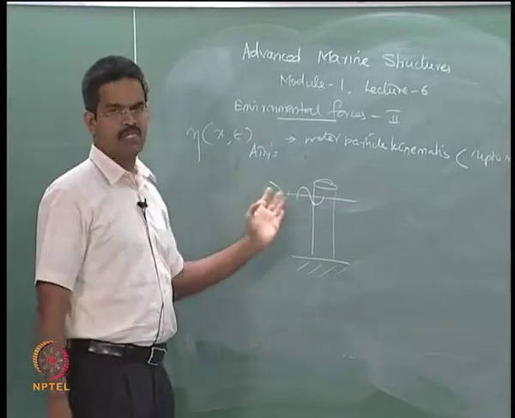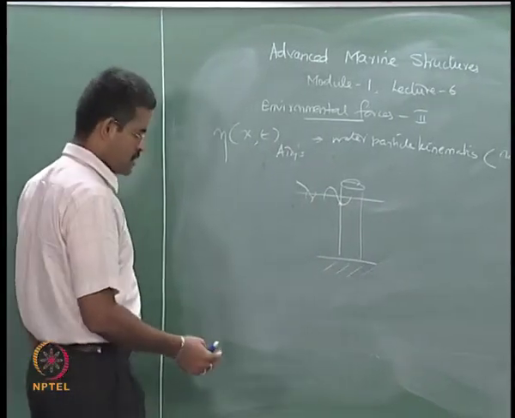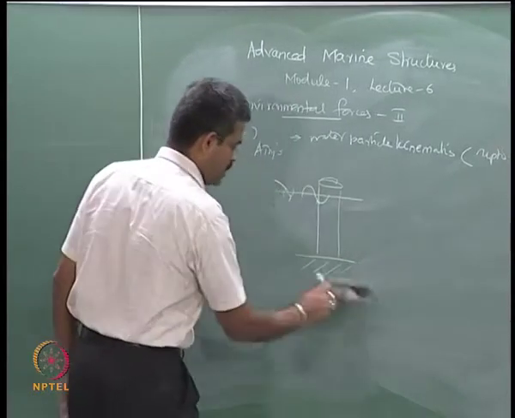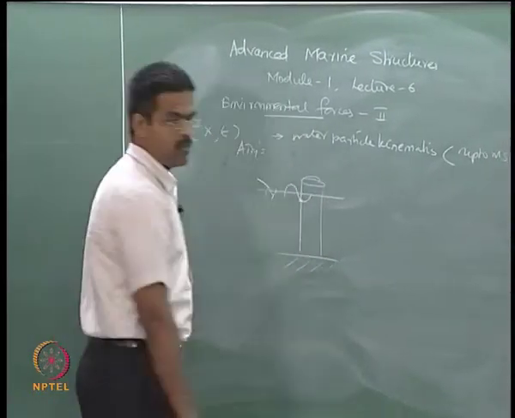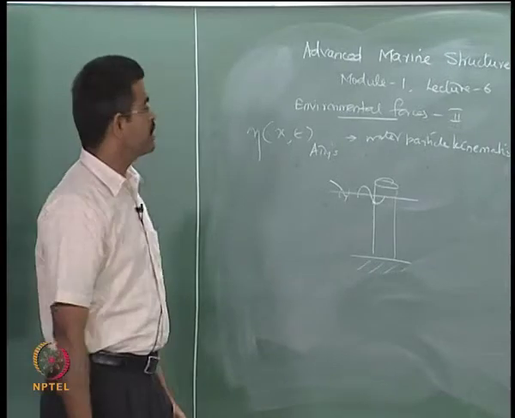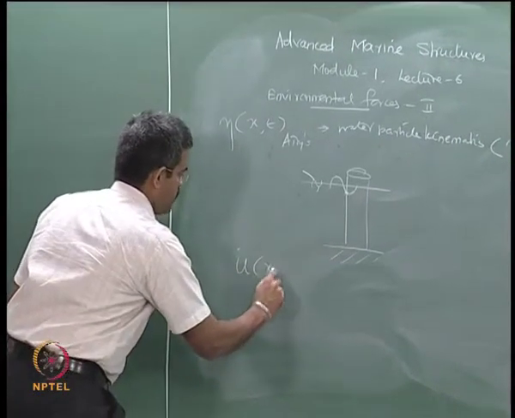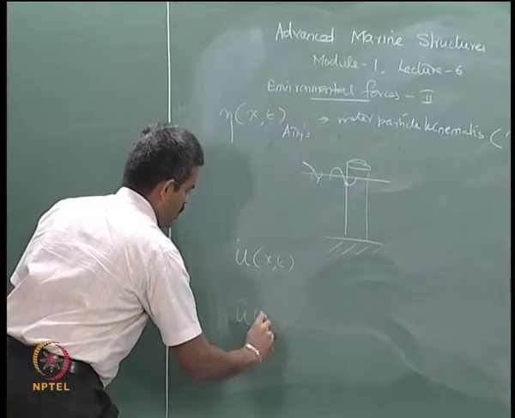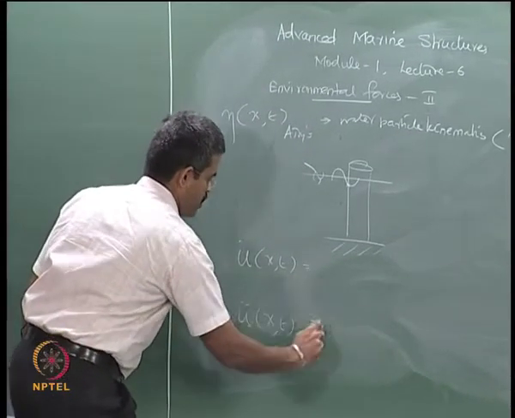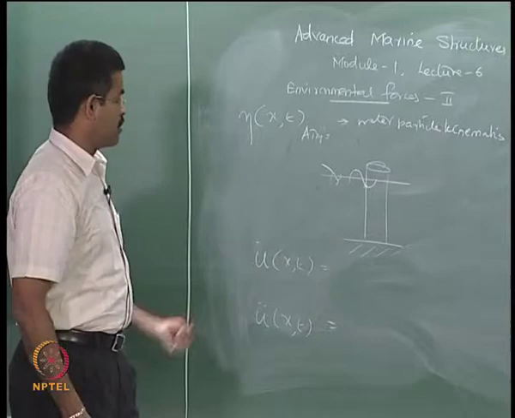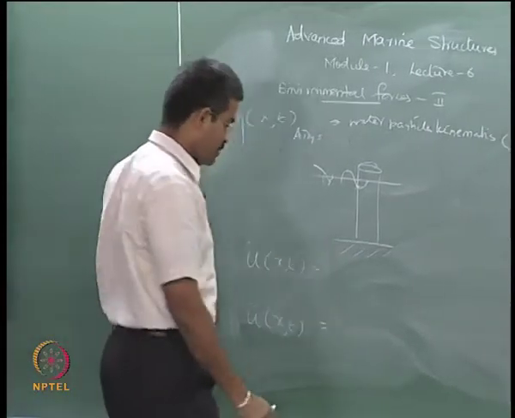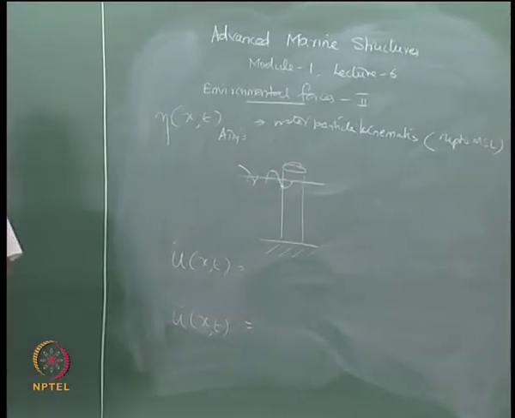People have given different stretching modifications. In the last lecture we discussed the modification suggested by Wheeler, and now we will discuss the modification suggested by Chakravarti. So the horizontal water particle velocity and the horizontal water particle acceleration are modified based on Chakravarti's specification as in the following equations.